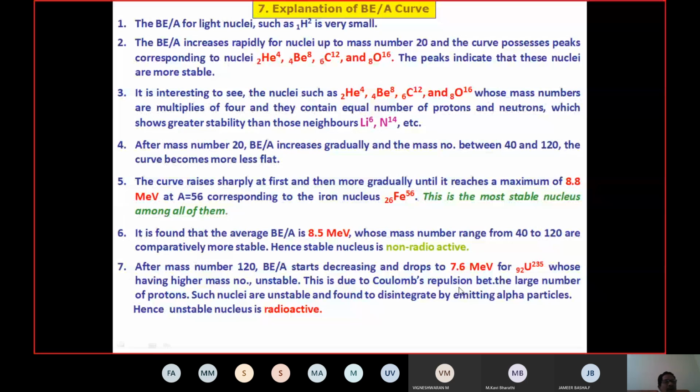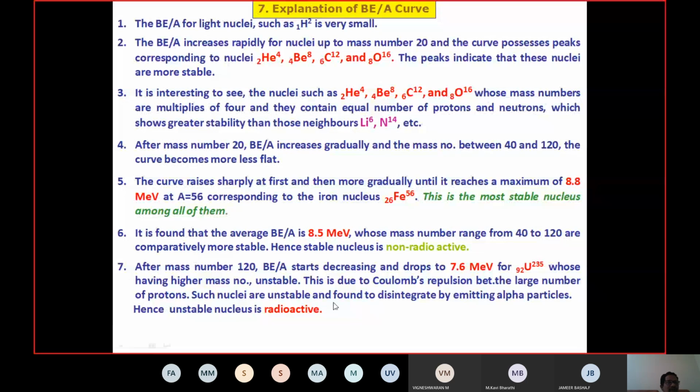Then, in uranium, why is the alpha particle emitted? The low value of binding energy of nucleons in a heavy nucleus is unable to control the Coulomb repulsion between a large number of protons.